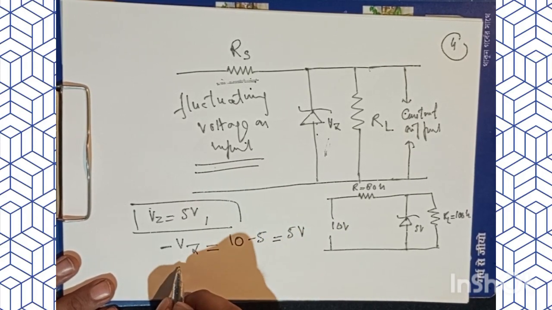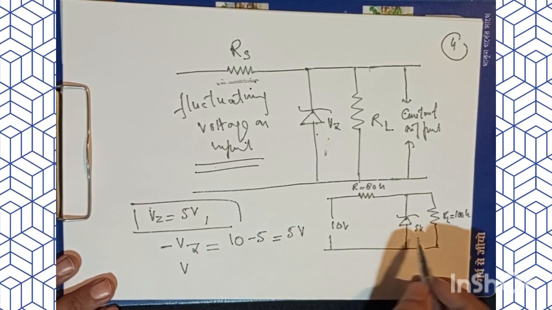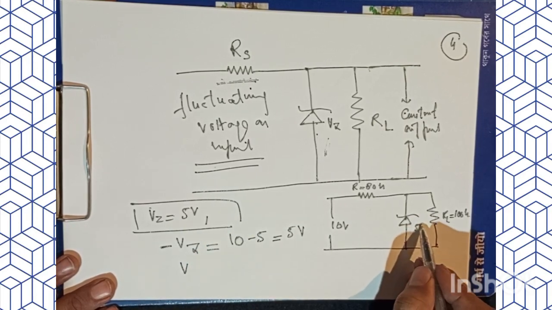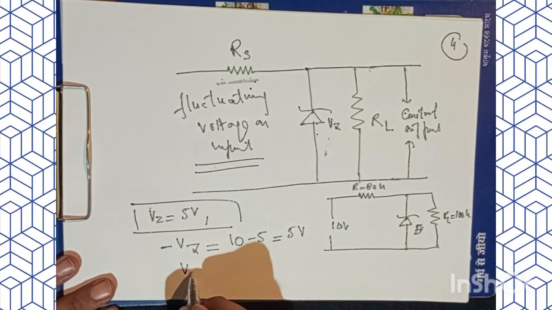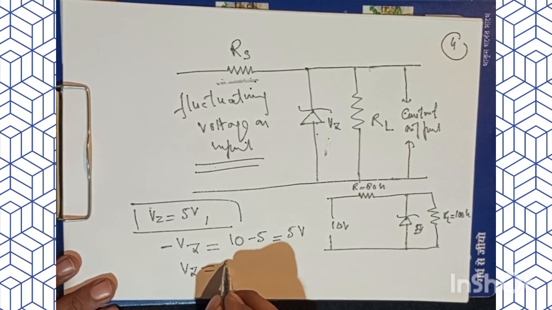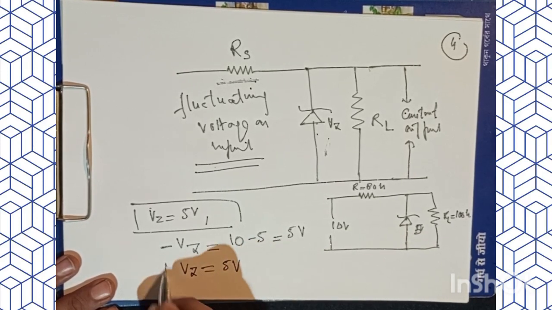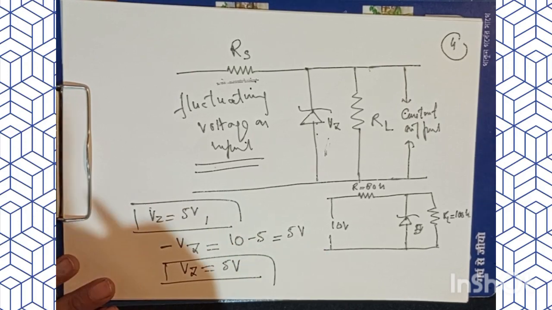So the voltage across this zener diode, VZ, as I told, is equal to 5 volts.